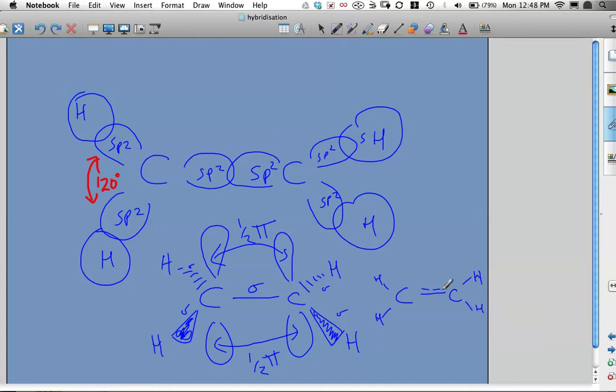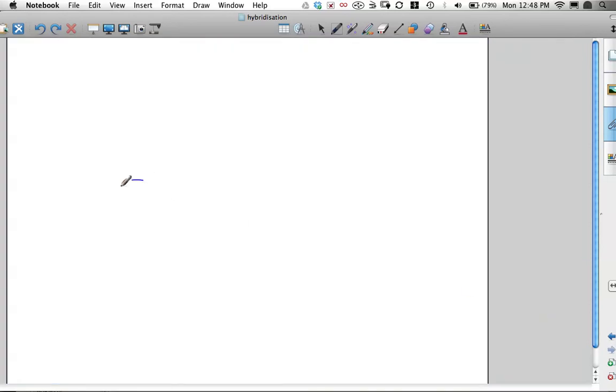And you show this with a dotted line above and a dotted line below. Half pi here and half pi here. But we usually just show it like this, a sigma and a pi. That's a double bond.